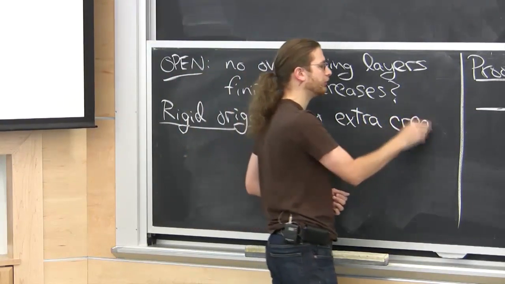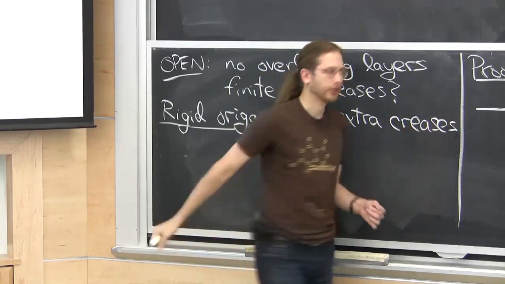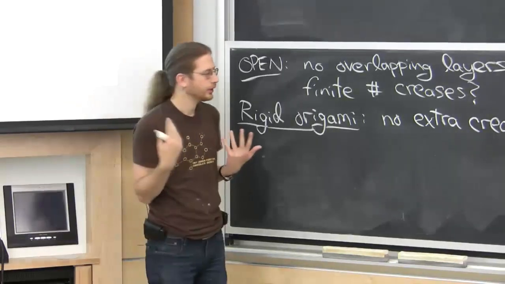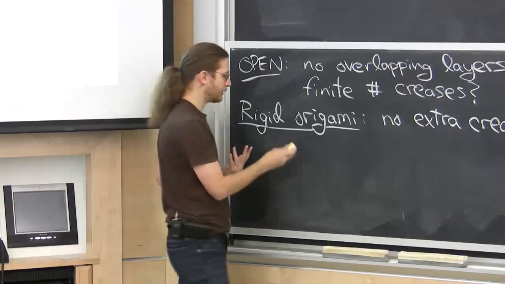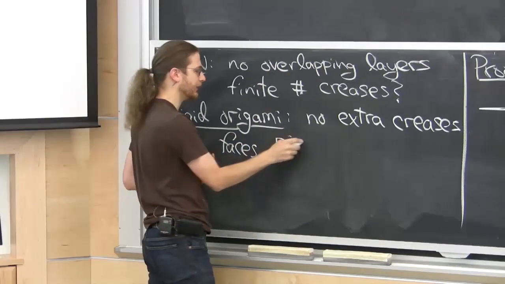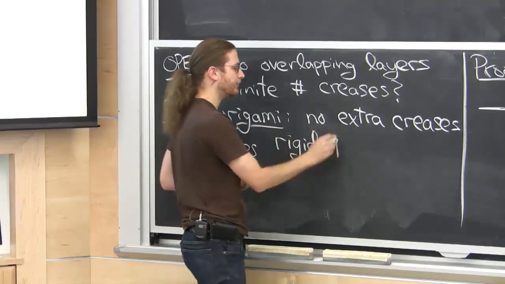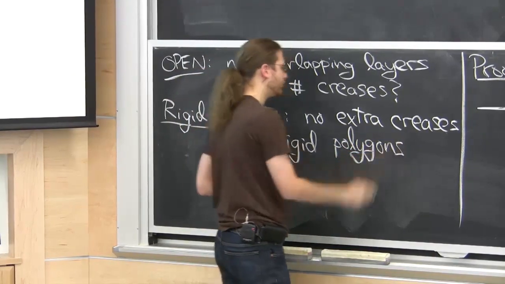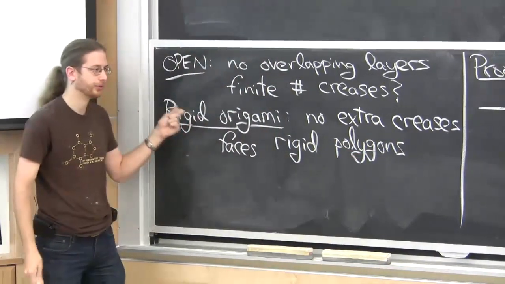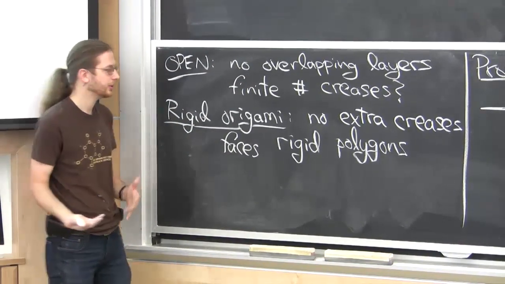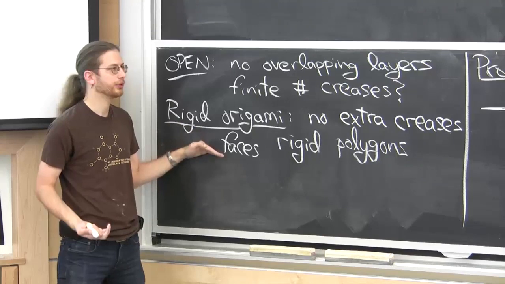So you're supposed to just use the creases that are given to you in the crease pattern. And the faces of the crease pattern are rigid polygons. They have to stay flat throughout the folding motion. So rigid origami is about folding motions, not about folded states. I have some folded state I want to get to. Can I get there with rigid polygons?